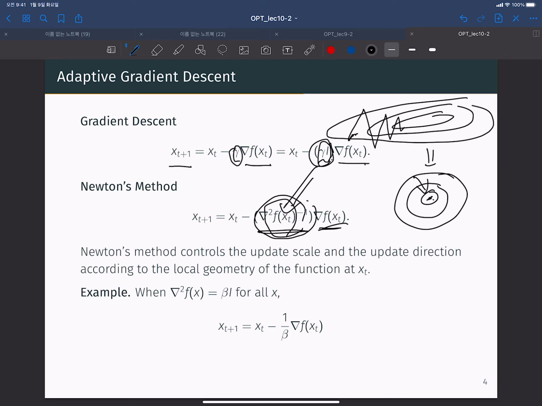Right. But anyway, when the Hessian matrix is equal to some beta times the identity matrix, then Newton's method is equal to this. For instance, if your function f is just a second order polynomial function, then this holds.